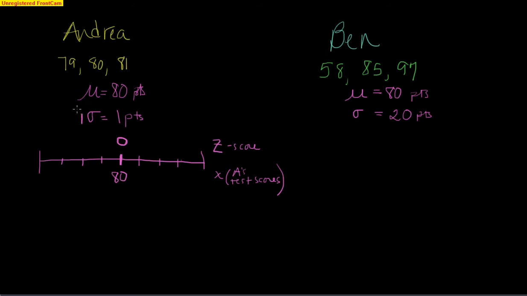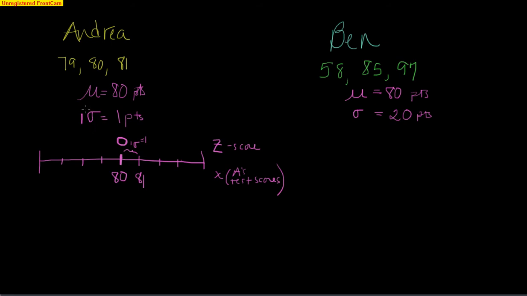Okay, so what would be one standard deviation above her mean? So in other words, this space right here is 1 standard deviation, which is just equal to 1 point. Okay, and so that brings her to a score of 81. 80 plus 1 standard deviation of 1 is equal to 81.